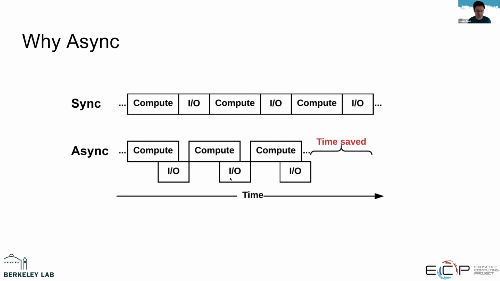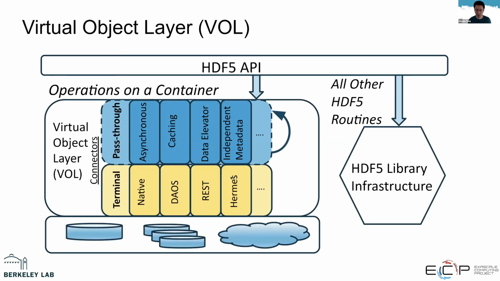So with that aside, the async IO VOL is implemented as a VOL connector, as Quincy mentioned. Async VOL is a pass-through connector, meaning that it can be stacked upon other pass-through connectors, such as the caching VOL, which Huihuo will introduce in the next talk.